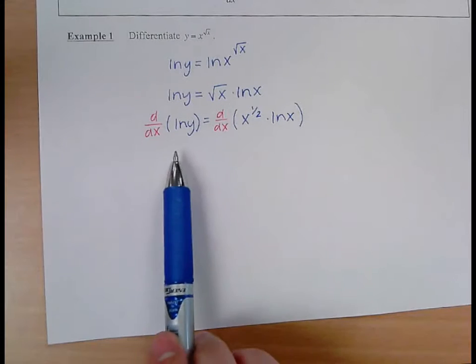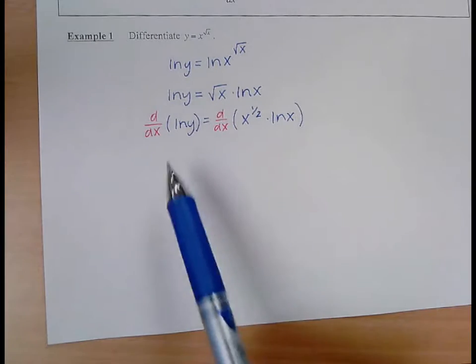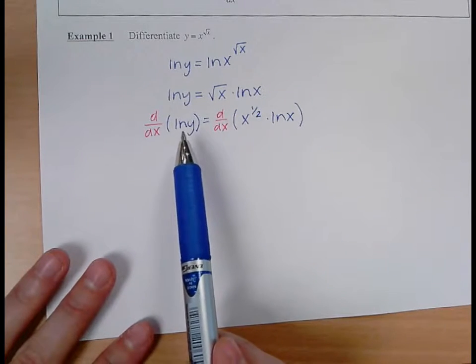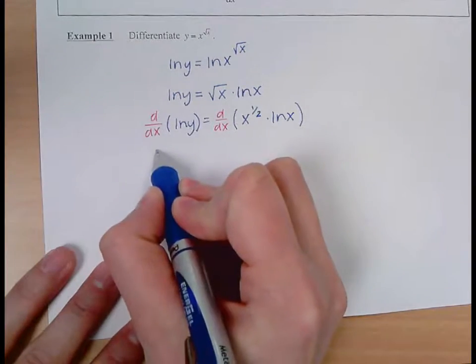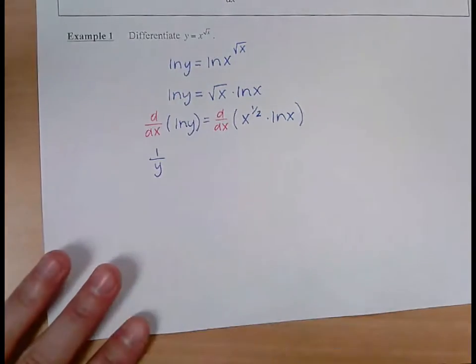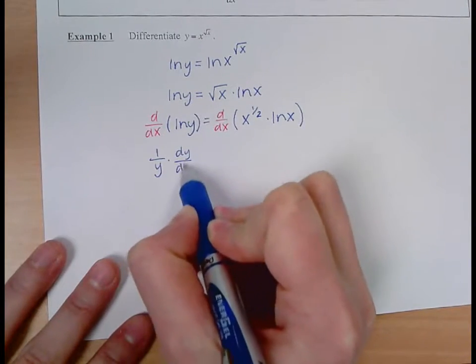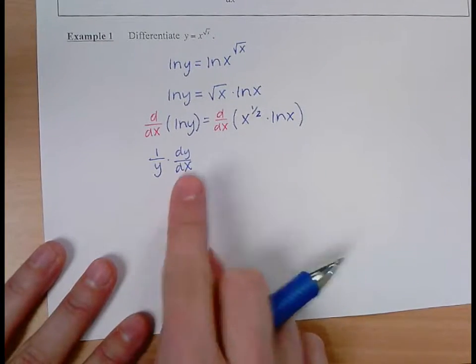On the left side, you are differentiating implicitly because you have the natural log of y. So we know the derivative of natural log of y from yesterday would be 1 over y, but because it's y, you have to multiply by dy dx, and that eventually is what you're solving for in the end.